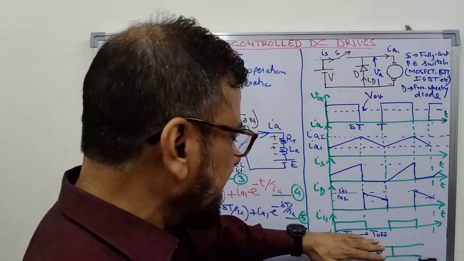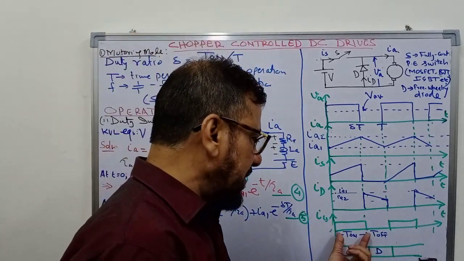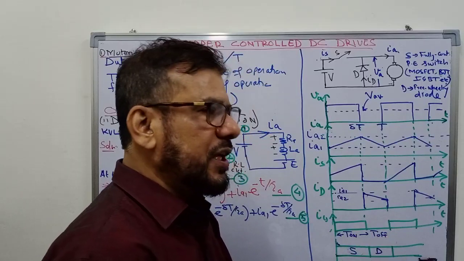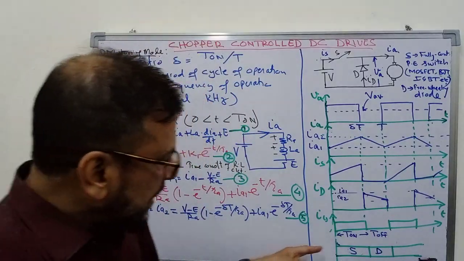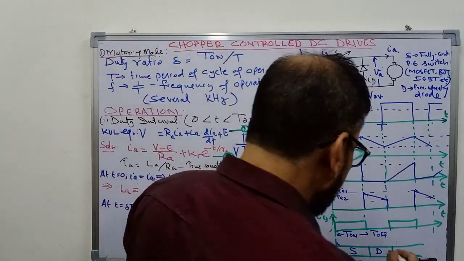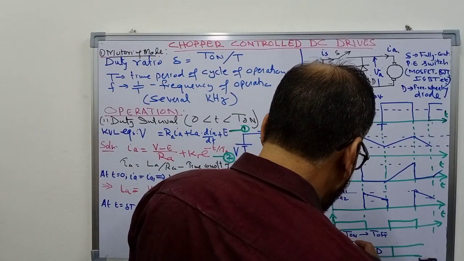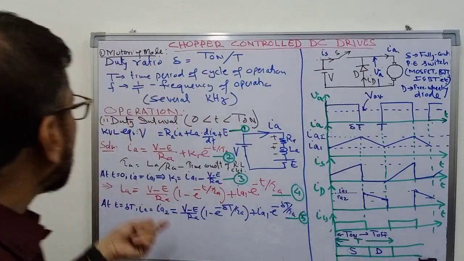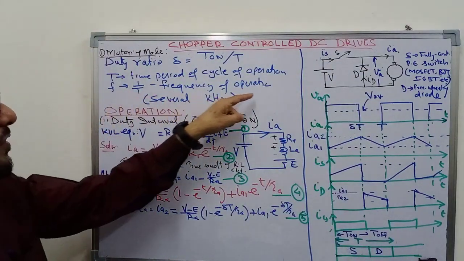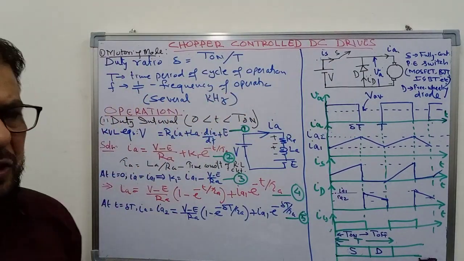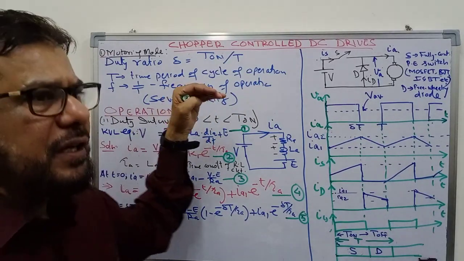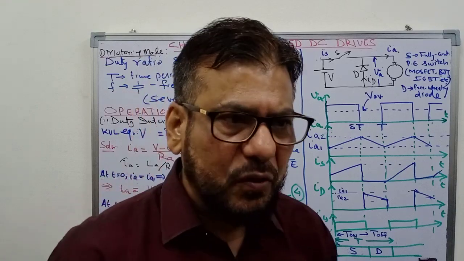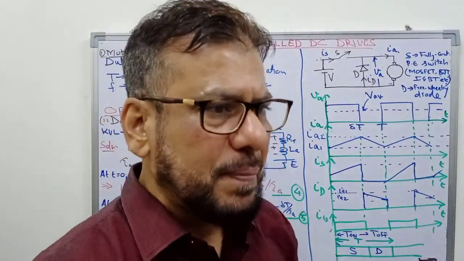It will be given for time period T on and it will be removed for the time period T off. The whole cycle you may call the time period of operation T, and the reciprocal of it you can call the frequency of operation of the chopper, and that is kept very high, several kilohertz. I will discuss later what the advantage of high frequency operation is.